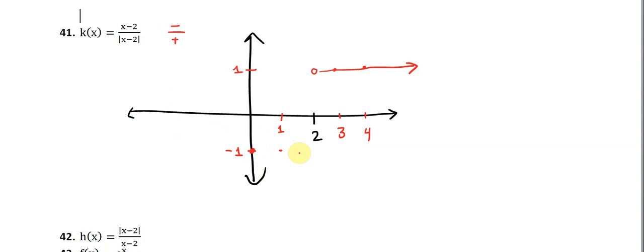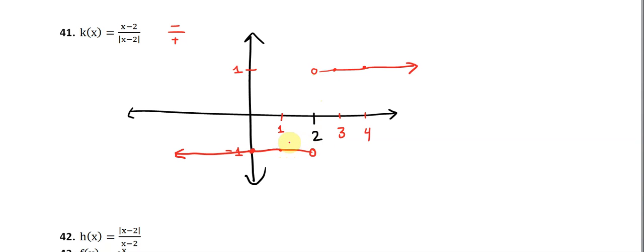So that tells us that if we put in any numbers less than 2, but not equal to 2, we're going to get negative 1. So it's going to look kind of like this, and I would say not kind of, but exactly like this. It's going to have 2 holes actually, and a jump.